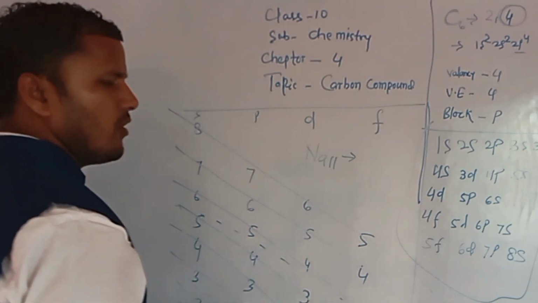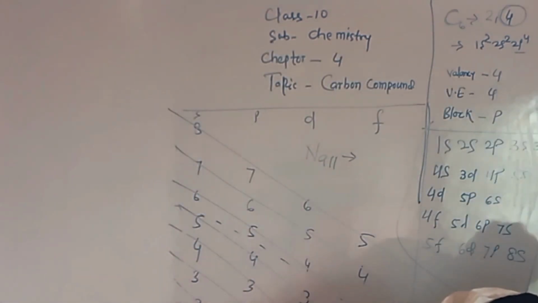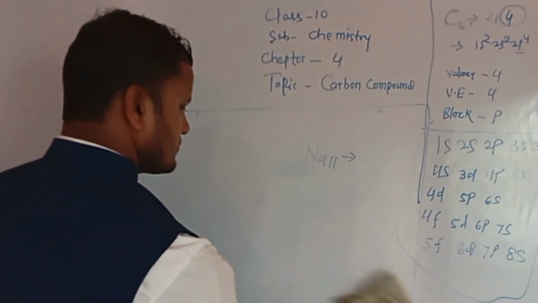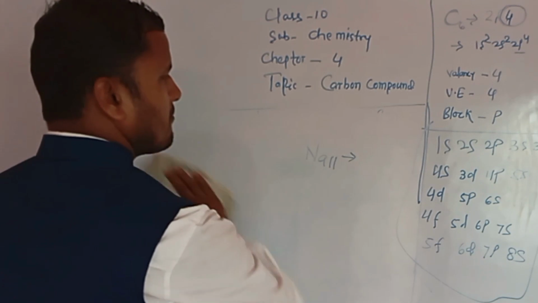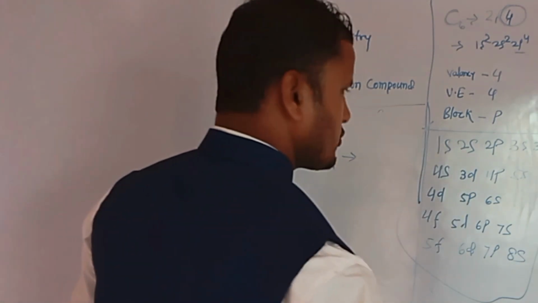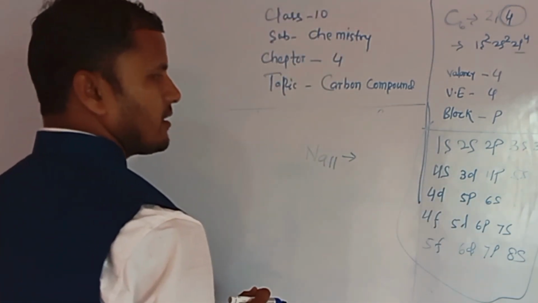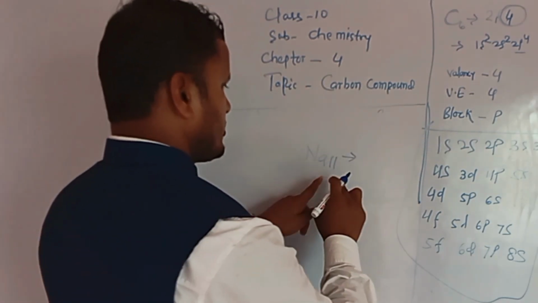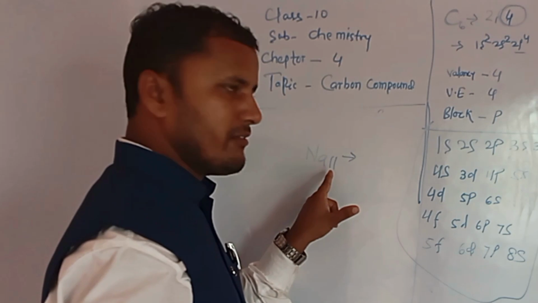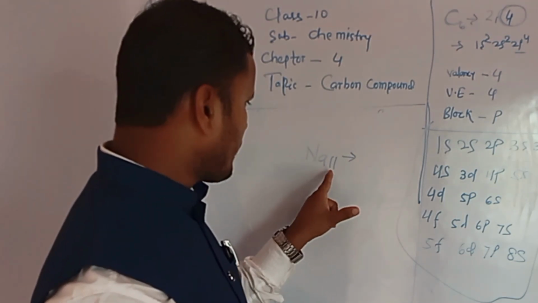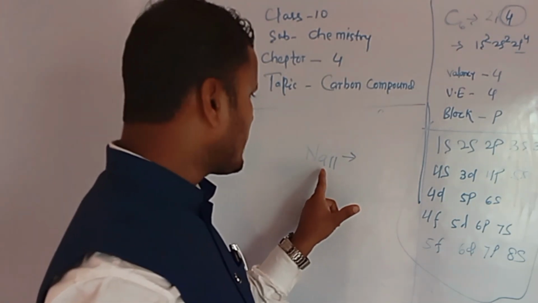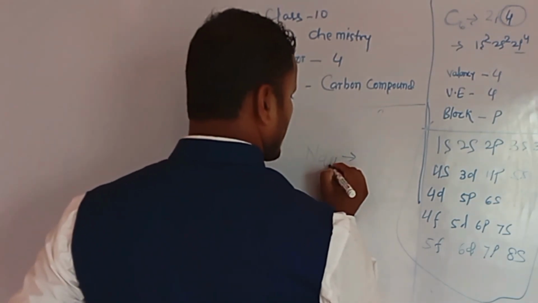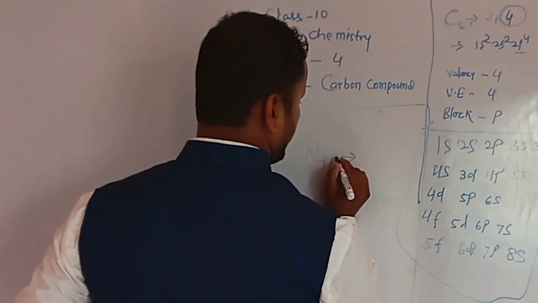We can find all things by using this one, because we have a master formula: 1s, 2s, 2p, 3s, 3p, 4s, 3d, 4p, 5s. The atomic number of sodium is 11.